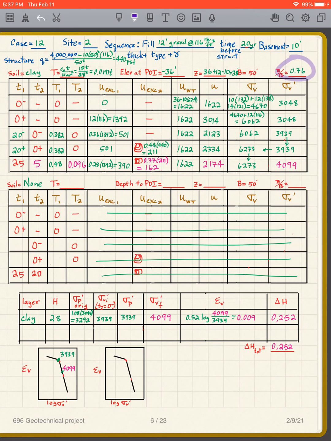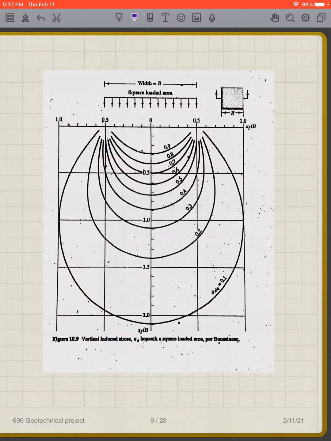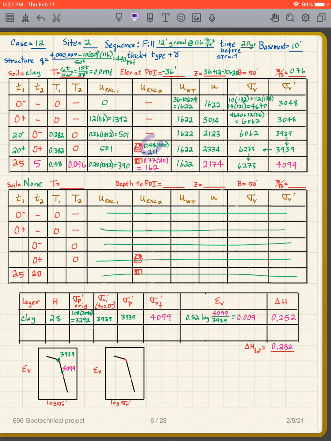I have my Z over B is 0.76, so I use my chart, 0.76, come over here, well, 0.76 is right in here someplace, so between 0.4 and 0.5, and so I got 0.48.